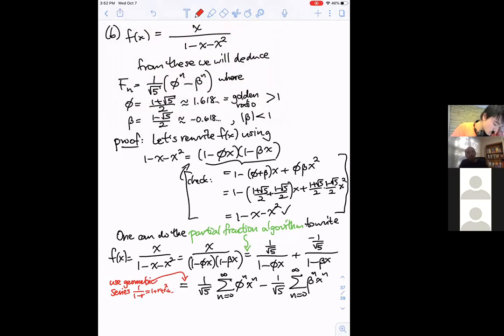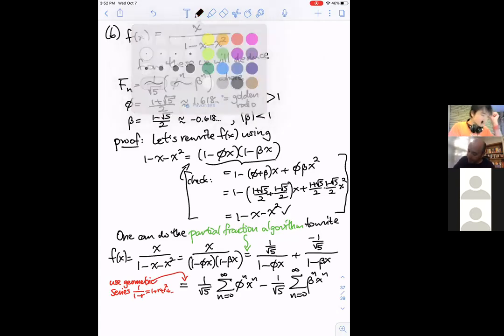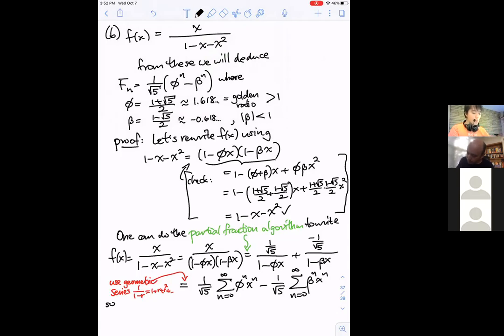Everybody okay? And so now the point is f of x, this was supposed to be the sum of the Fibonacci numbers times x to the n. Just putting this all together, it is the sum, n goes from 0 to infinity, of 1 over square root of 5 times phi to the n minus beta to the n, times x to the n.